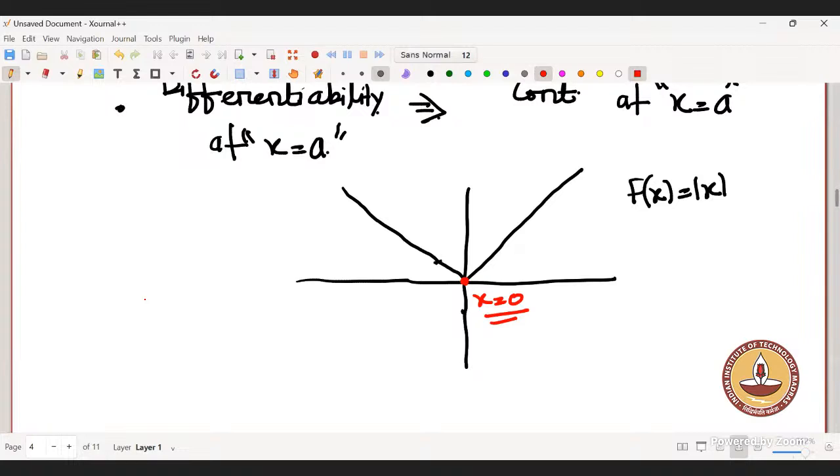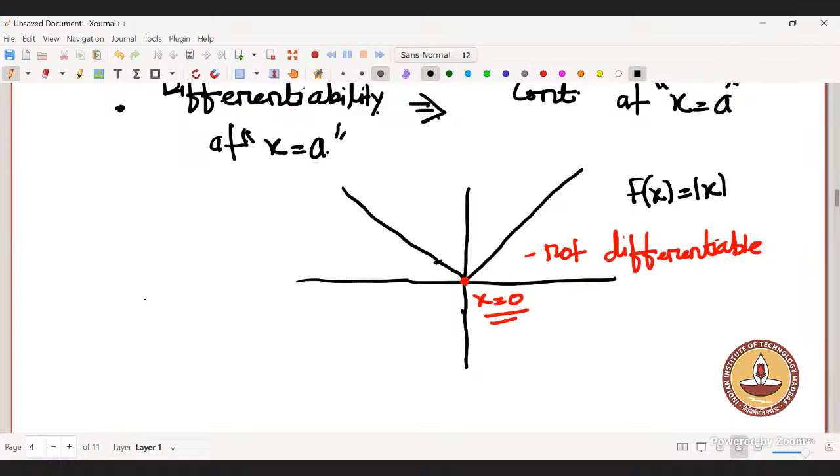If you see the graph, it is actually continuous, it is nowhere broken, but since it has a corner point, this function is not differentiable. So here you can't conclude anything about continuity; you have to check it.